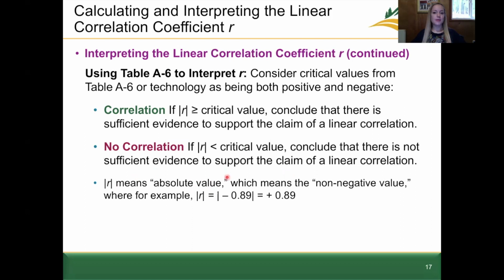Now, for example, if we found our value for R and it's negative 0.89, in order to use this method of interpretation, we first need to take the absolute value of R. When we take the absolute value of negative 0.89, we consider that as just positive 0.89. So again, for this method of interpretation, we always need to take the absolute value of our R value first, then compare that to our critical value.